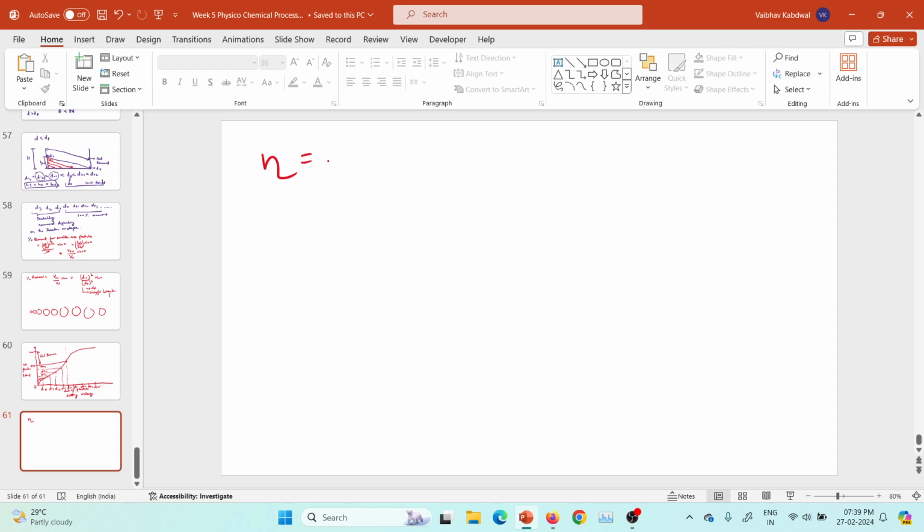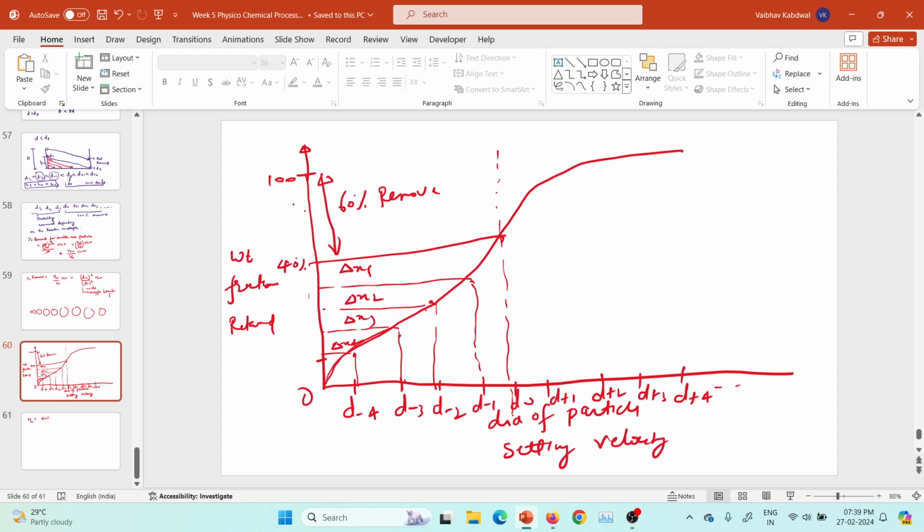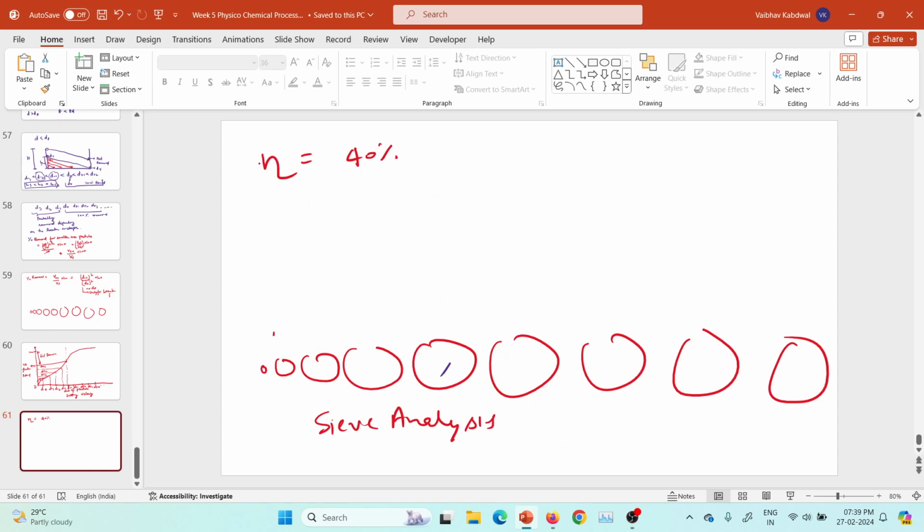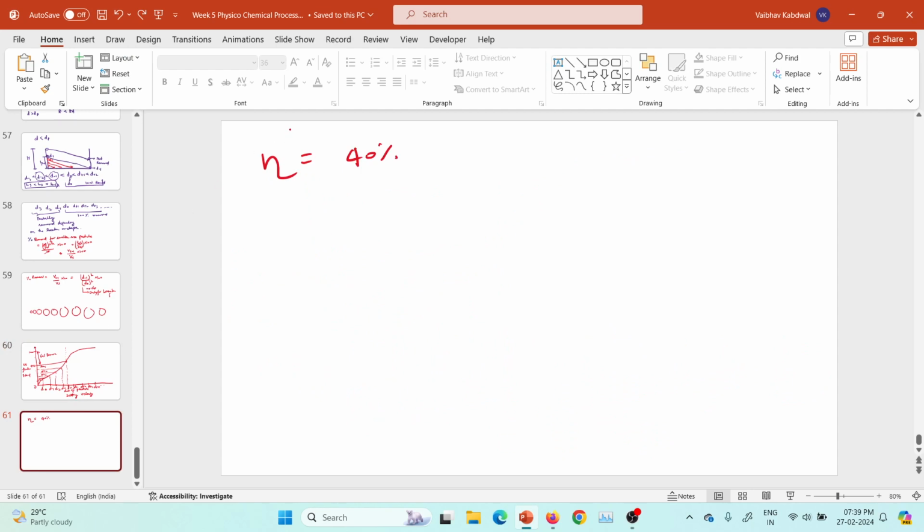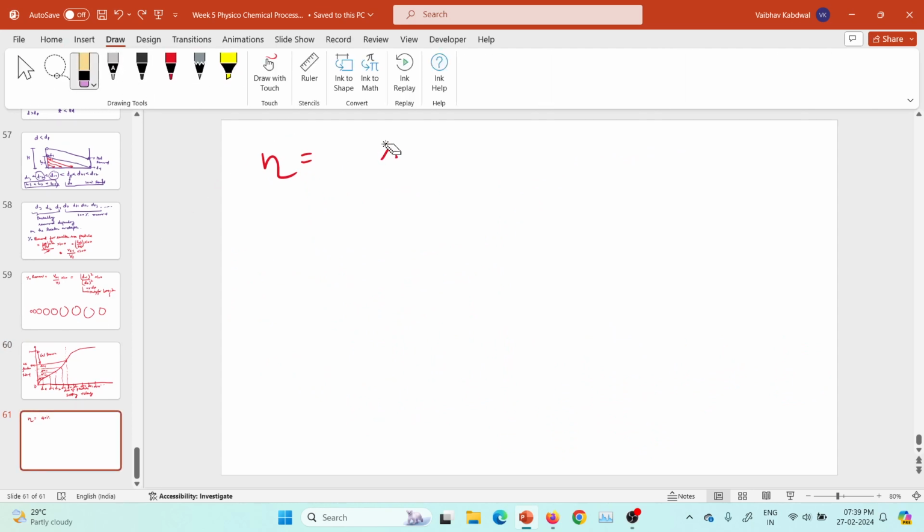So the efficiency will be, I'm taking it as 40% here. So 1 minus this, 1 minus 40, 100 minus 40%, plus, for small particles, delta x1 part will be removed.